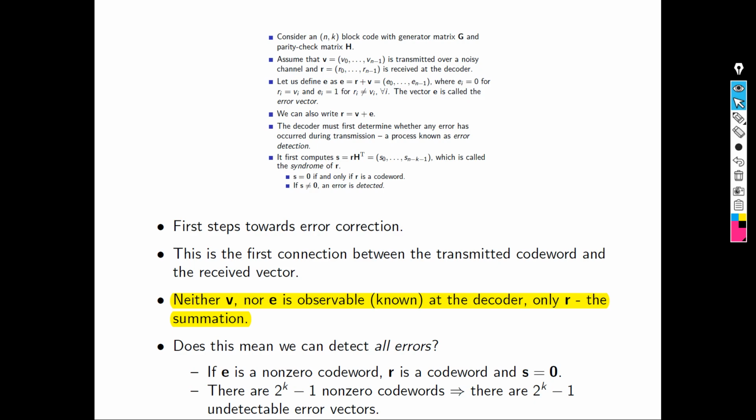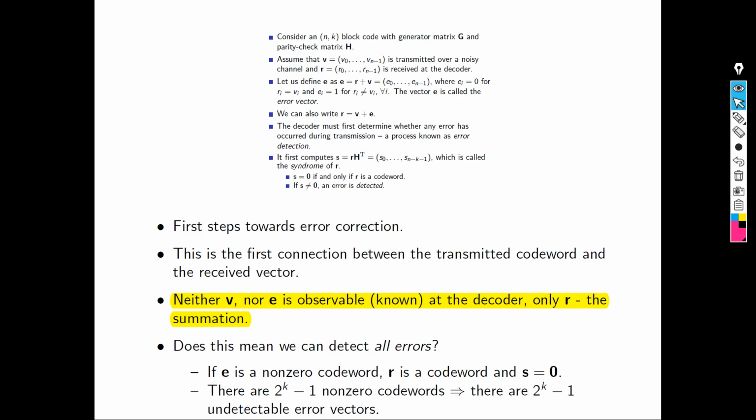This is the first connection between the transmitted code word and the received vector. The syndrome is the connection between them. Now, keep in mind that neither V nor E, which means the code word and the error sequence, are known at the decoder.